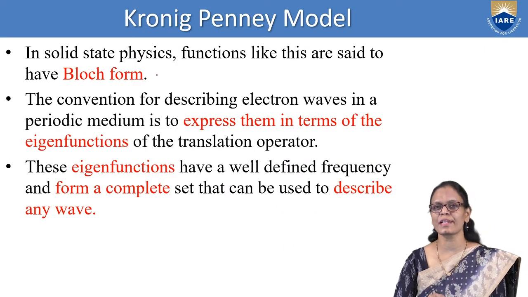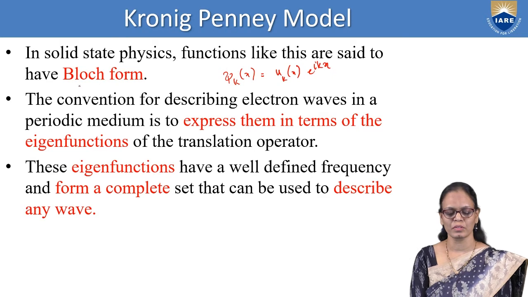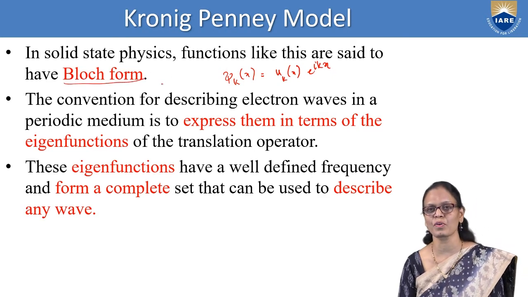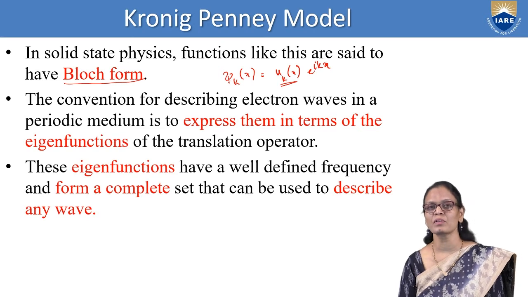Now in solid state physics, functions like this, psi k of x equal to u k of x into e power i k x, are called Bloch functions. They are in the Bloch form because Bloch introduced this periodicity and gave the wave function.